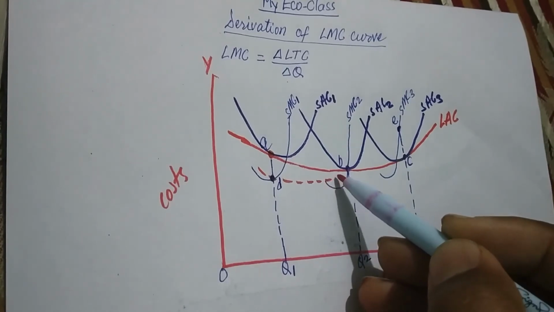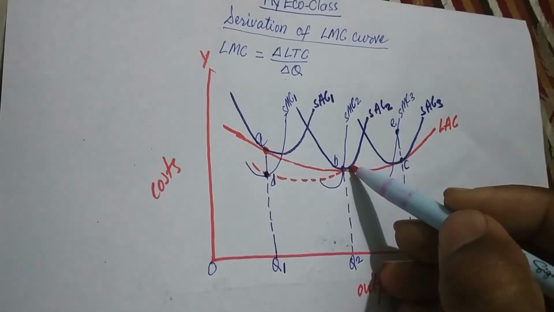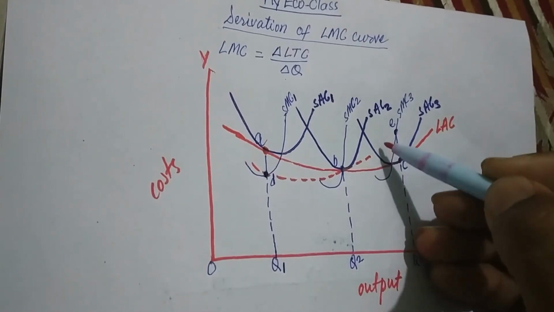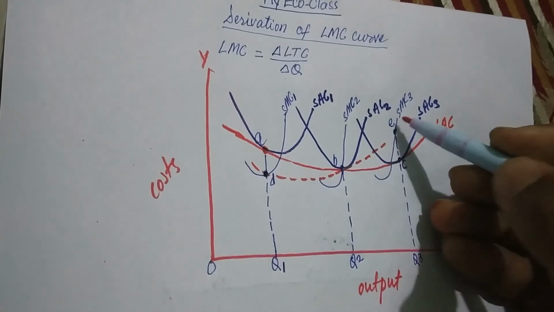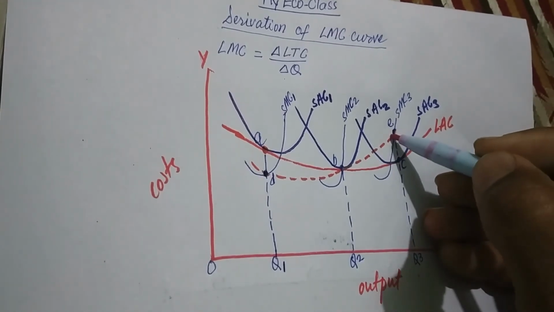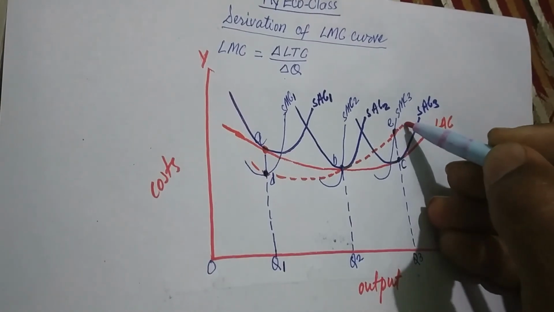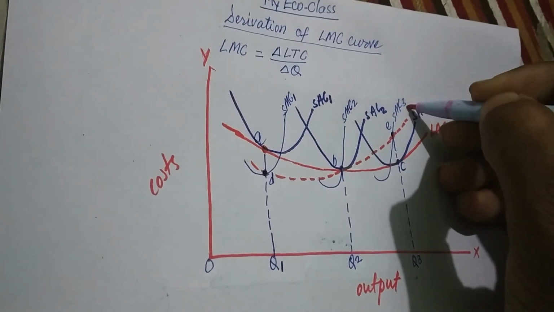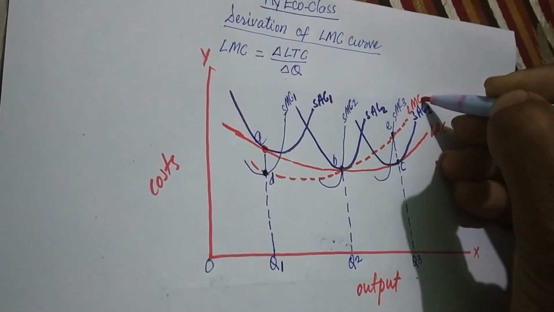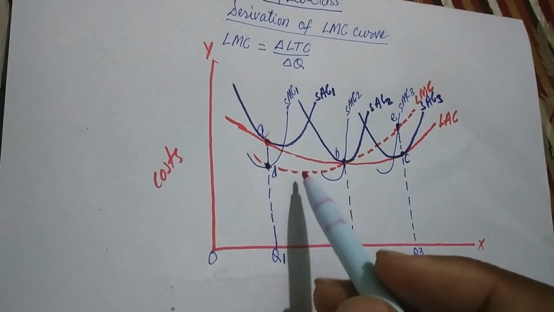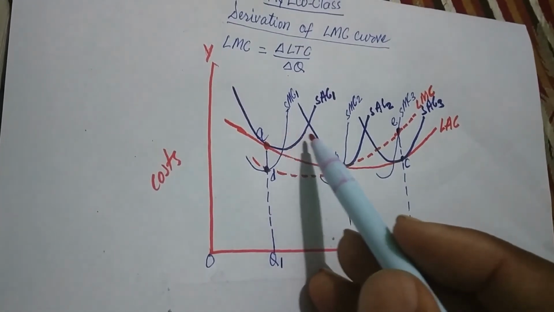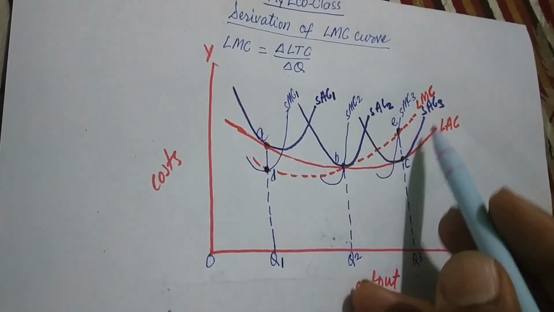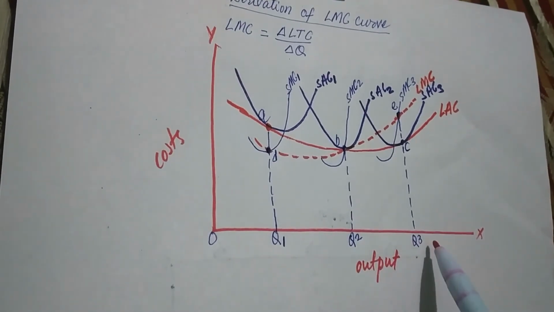Okay, I'm drawing a dotted line here through these points of short run and long run marginal cost for each level of output. This line is the long run marginal cost curve. This is how, with the help of different short run marginal cost curves, we can derive the long run marginal cost curve for different levels of output.